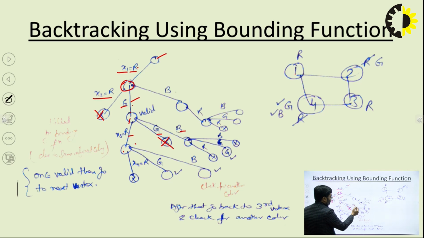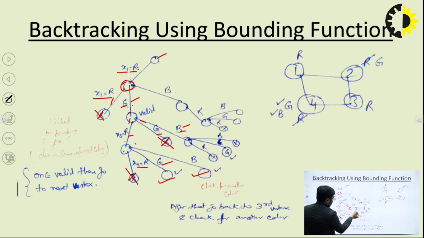After green, blue can be there, and after red, if we take red again for node number 4, this is node number 1, node number 2, node number 3, node number 4, then 4 and 1 are clashing. So this node can be killed. And if we take green, it means red, green, red and green can be taken. After that, if we take blue, red, green, red, blue, this option can also be taken.